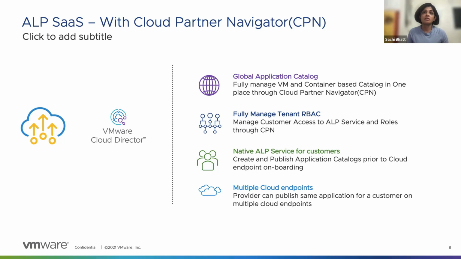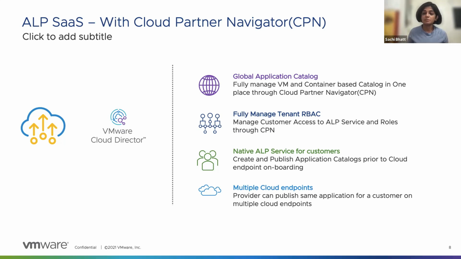The third one is a native ALP service for customers. Here is a very powerful user experience for the provider: once we create and enable the service for ALP SaaS, they can create catalogs, add applications to the catalog, and set up default settings for different infrastructure. Those things are done in advance.